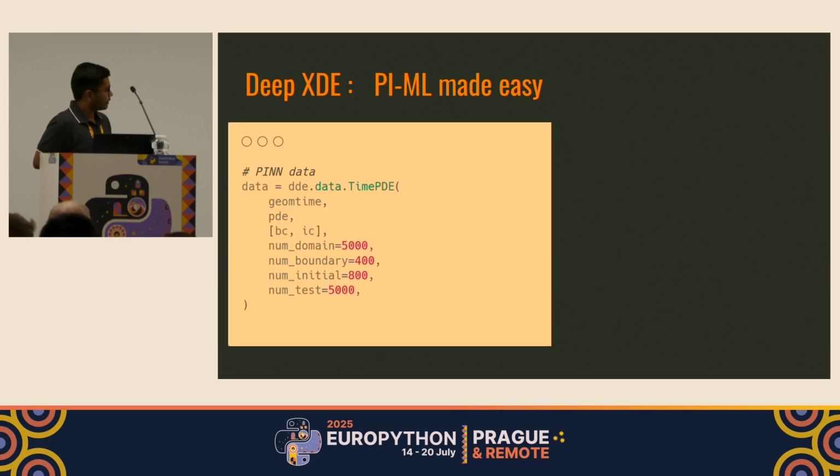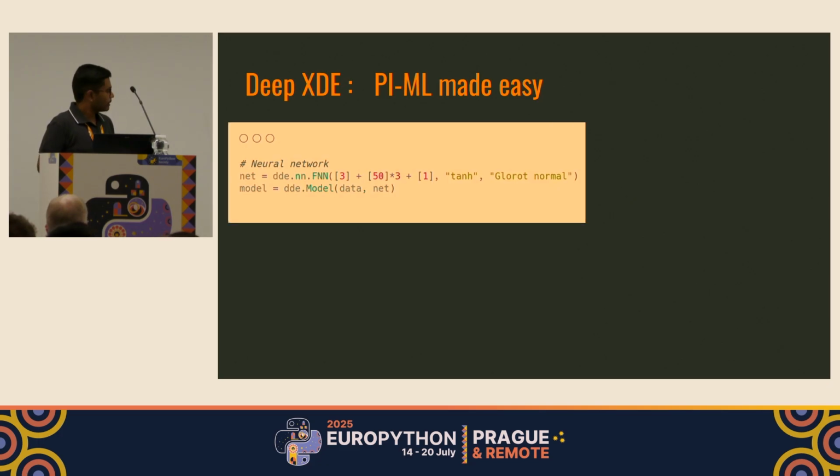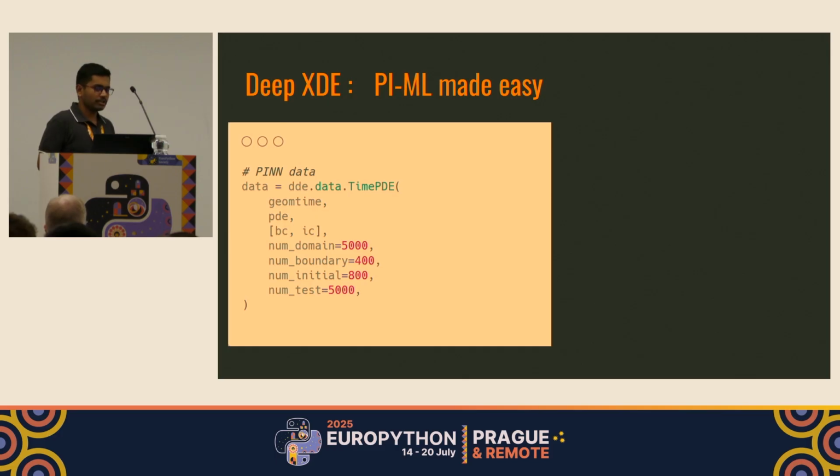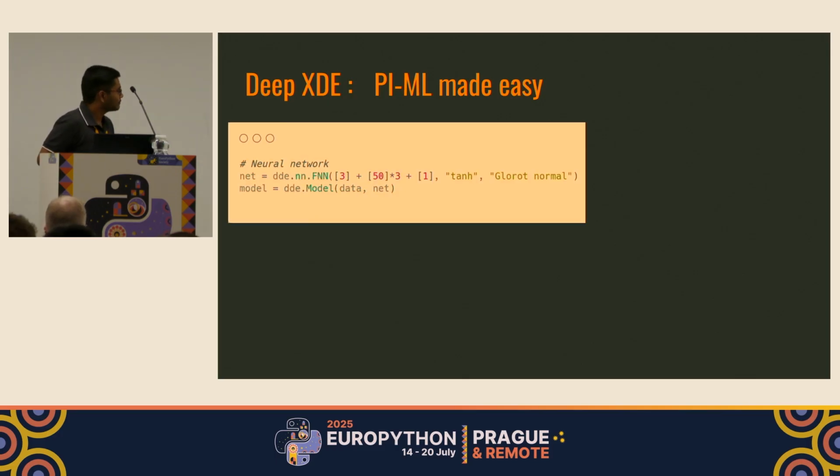Then num domain is the number of points on which we want to enforce the physics within the physical geometry, which are just chosen randomly. And num boundary are the number of boundary points which we have, which is the observation data. And num initial is also the observation data, which is just the initial condition. And num test are just the testing points on which we will test our trained model.